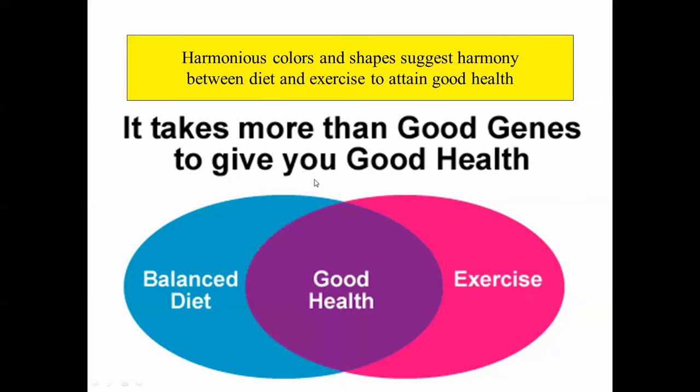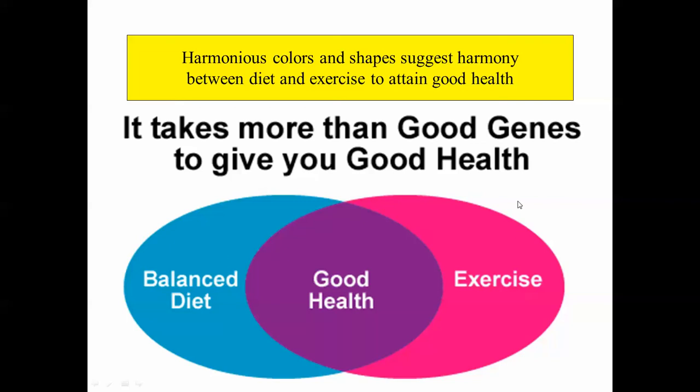Now, harmonious colors also depend on the shapes you use. And here's an image that says it takes more than good genes to give you good health. And here are two ellipses which denote harmony. And you can see that the colors are harmonious too.